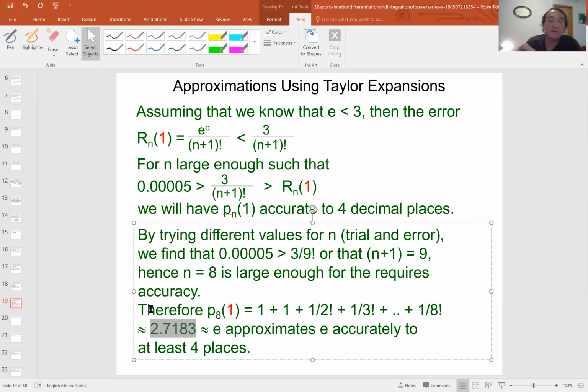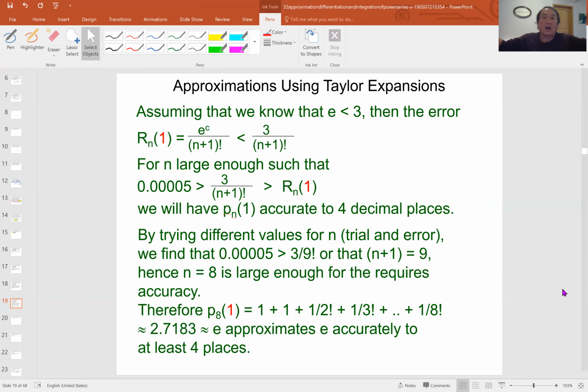It gives us the security of knowing that the first 4 decimal places are within 0.0005 of these decimal expansions. If you need more accuracy, higher accuracy, you need to hire more people, build a bigger machine, pay more money to give you better approximations.